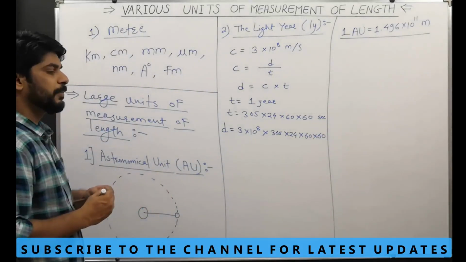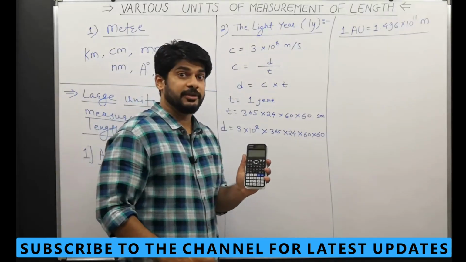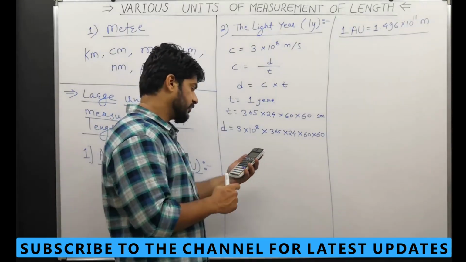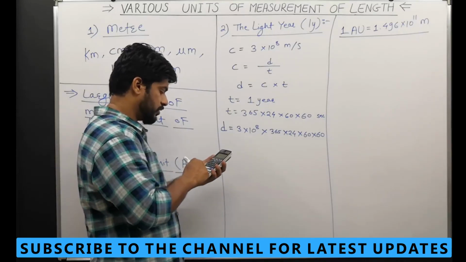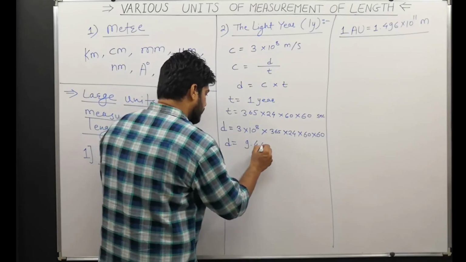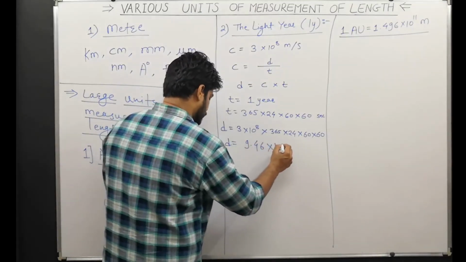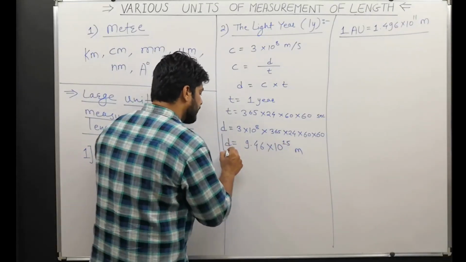Now that's pretty easy. So here I have this calculator with me. I can calculate this. This is 3 into 10 raised to 8, and the result is 9.46 into 10 raised to 15 meters. You can see how big this number is.